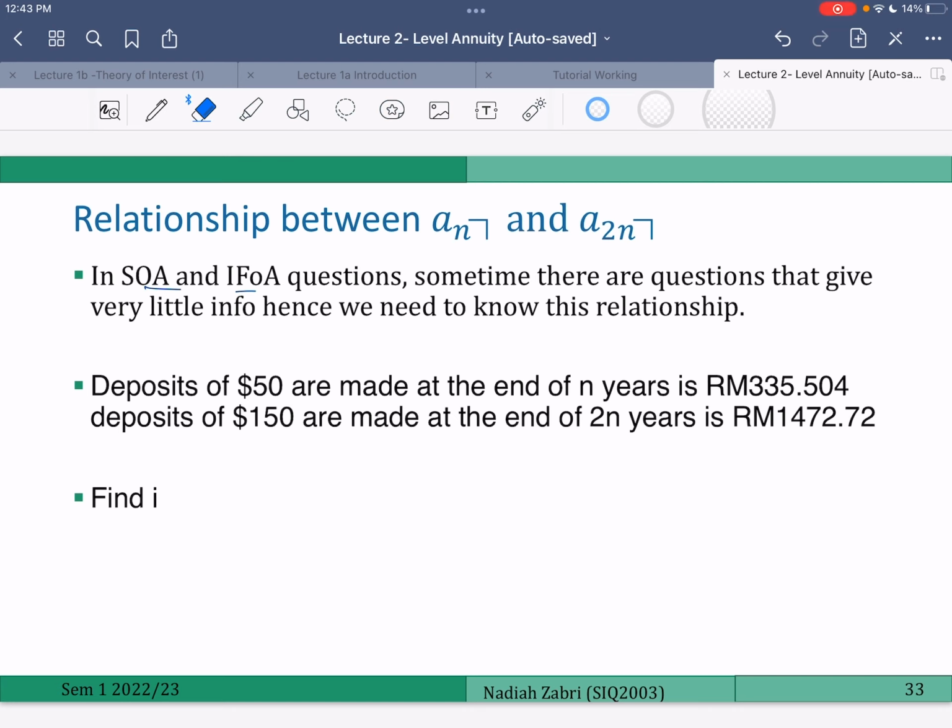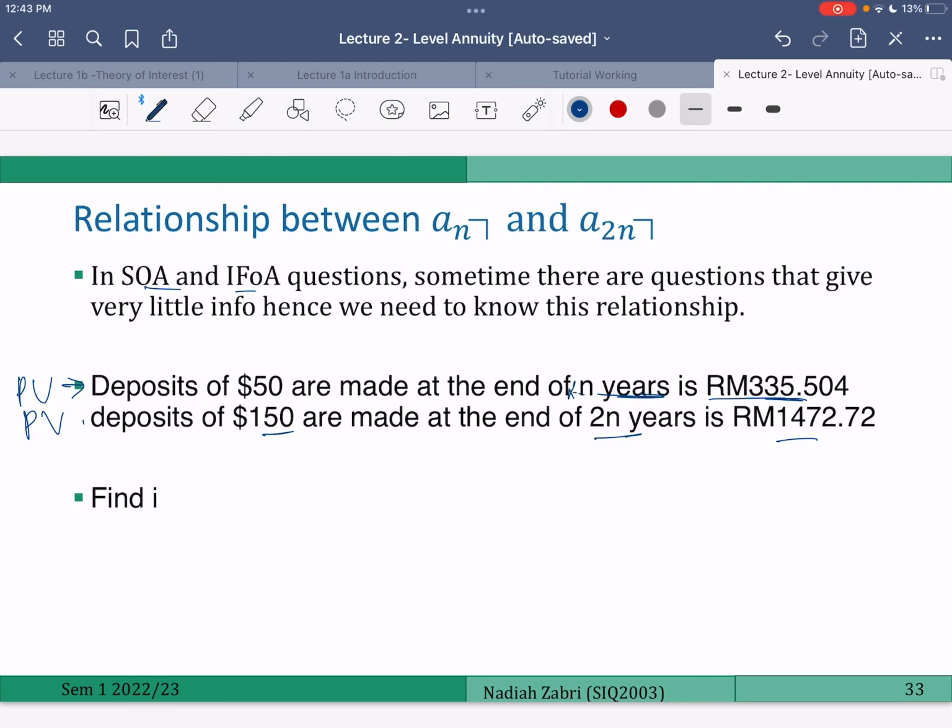So for example, you have deposits of $50 made at the end of each year for N years. Oh, okay, this question is not complete. So the present value of the deposit of 50 made at the end of N years is this. The present value of the deposit of 150 made at the end of 2N years is this.